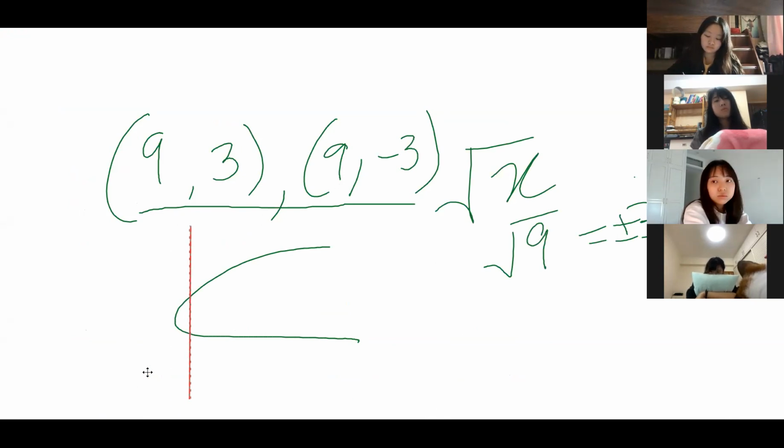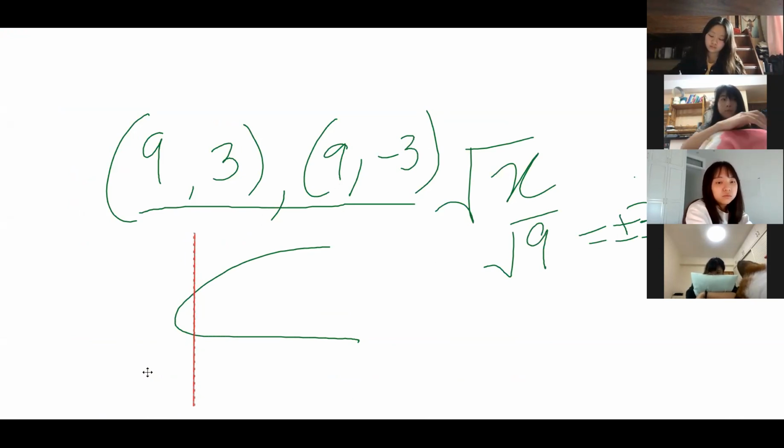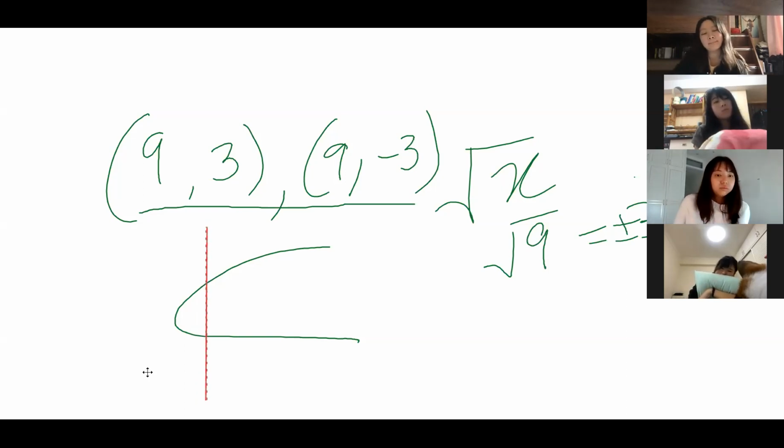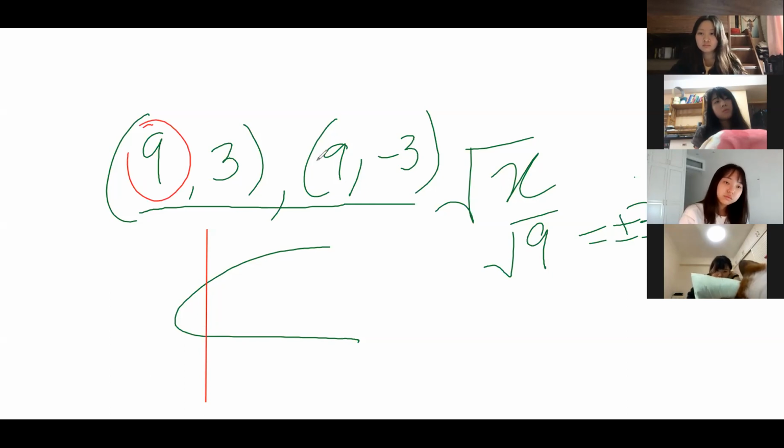it fails. The line is x equals something. So x is the same on this line, but you have different y values. And you're not supposed to have different y values. Just like here, you have one x value, maybe x is equal to 9.